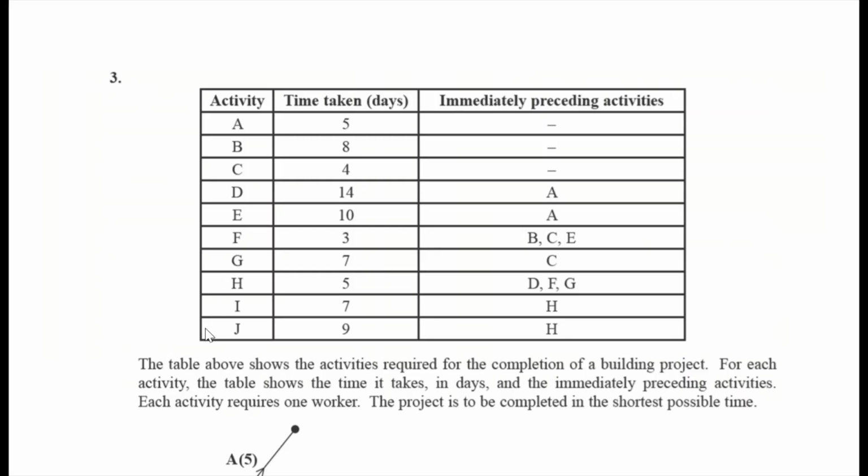Question 3. We've got this table over here which shows the activities required for the completion of a building project. For each activity, the table shows the time it takes in days, and the immediately preceding activities, each activity requires 1 worker. The project is to be completed in the shortest possible time.